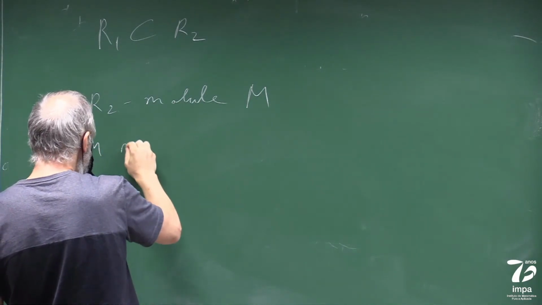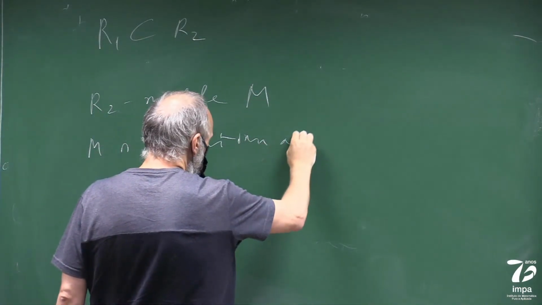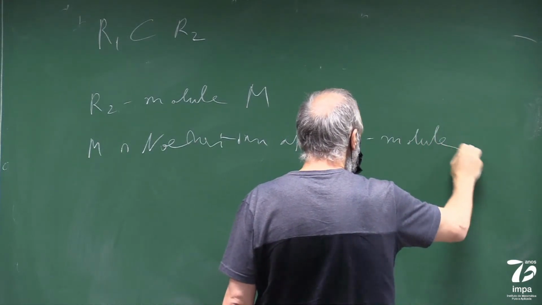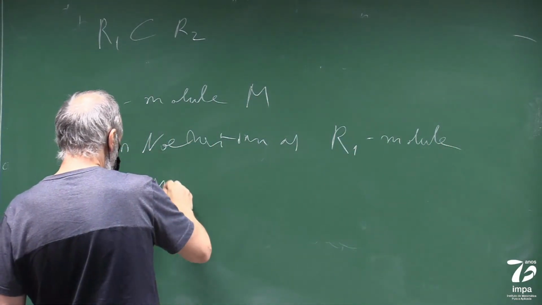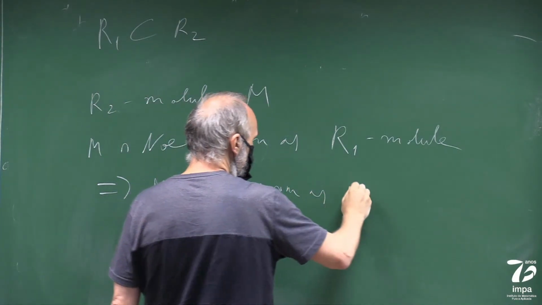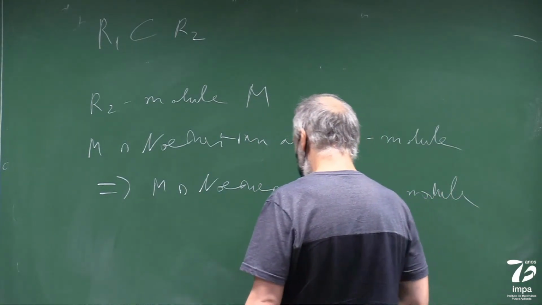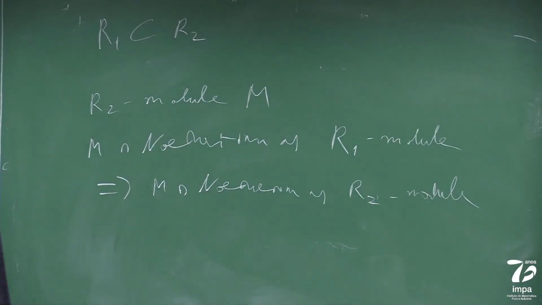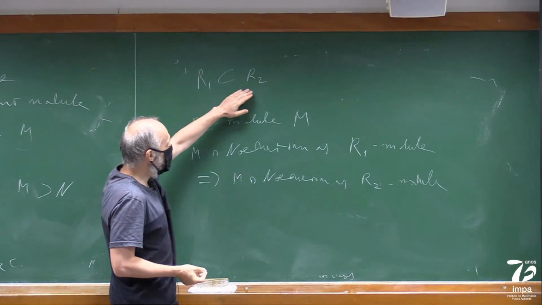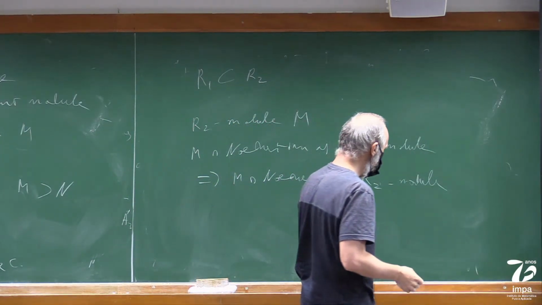If M is Noetherian as an R1 module, then M is Noetherian as an R2 module. So if it's, say, finitely generated as an R1 module with all submodules, these submodules are also R2 submodules, so all chains also terminate.